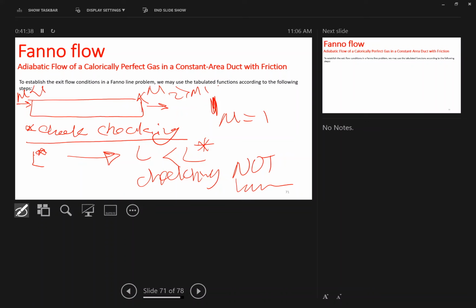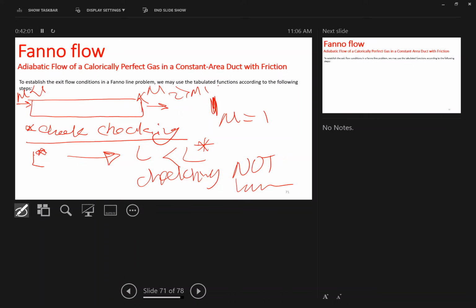Okay? Can we assume in our mind that this outlet is the inlet of another duct for which the outlet is the choking condition? So based on that, you can very simply use the ratios just by subtracting this length.